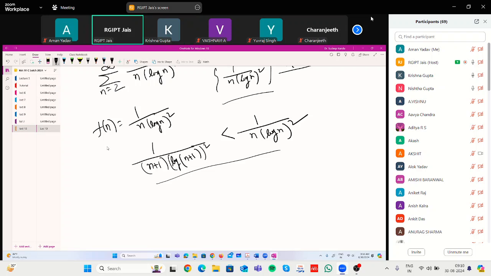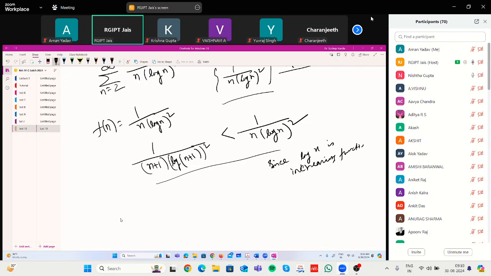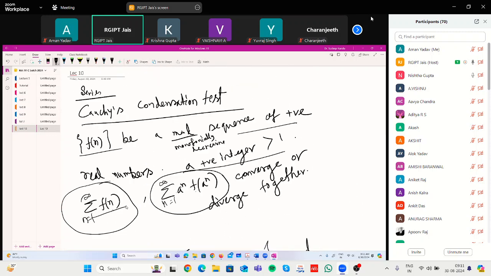Since that is in reciprocal, it will be a decreasing function. So we write, since log x is an increasing function, the first hypothesis is true that f(n) is a monotonically decreasing sequence.